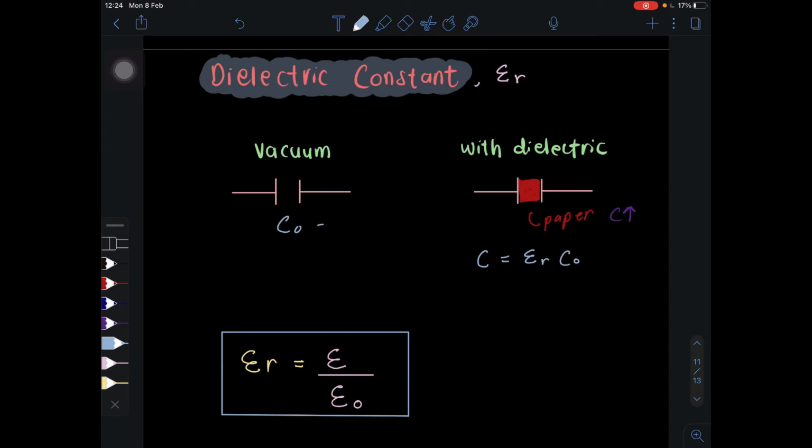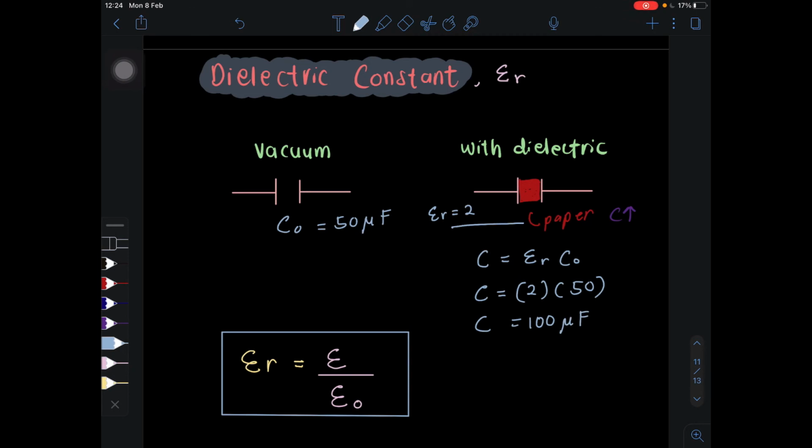So maybe let's say the capacitance here is 50 microfarad, and the paper has a dielectric constant epsilon R of maybe 2. Dielectric constant doesn't have a unit. So when we put the paper, the capacitance will increase to 100 microfarad here.